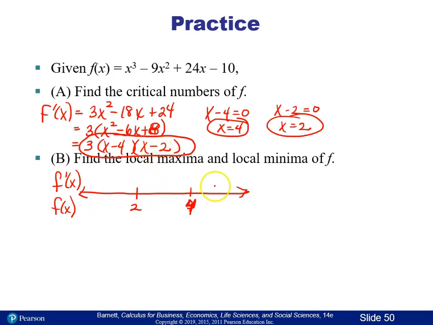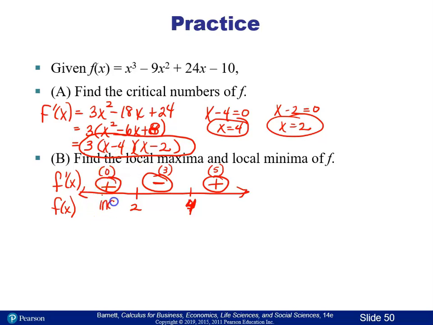So if I put, let's say 5 as my test point here, then that's going to be positive, this will be positive, and this will be positive, so that's a positive region. If I put maybe 3 in, that's going to be a positive, 3 here would be a negative, and then 3 here would be a positive, so positive times negative times positive gives me a negative. And then over here maybe 0, that's going to be a positive, here would be a negative, here would be a negative, so 2 negatives give me a positive.